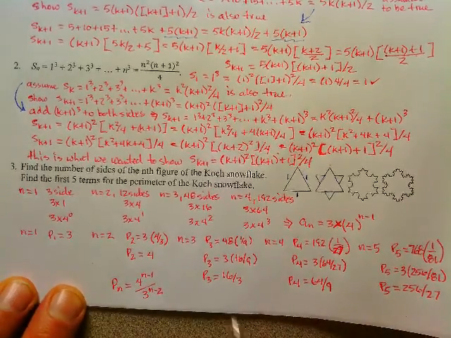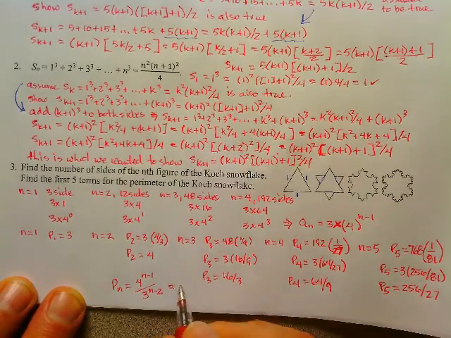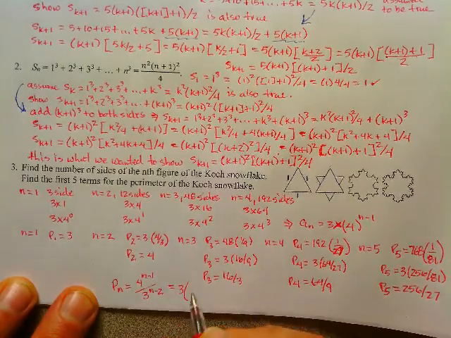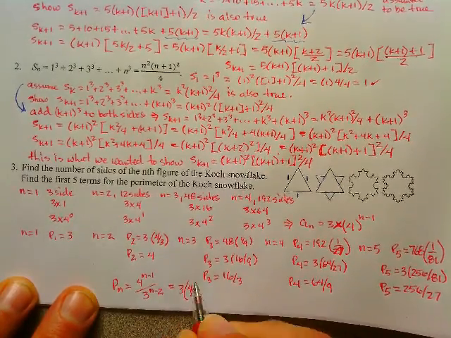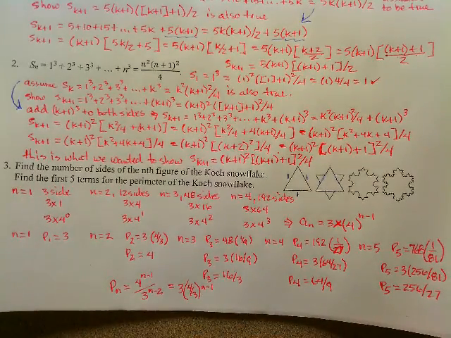Another way of looking at it, maybe a little bit more succinct, if we pull that 3 back out, because we had all those 3's, it would be 3 and then 4/3 to the n minus 1. So that could also be a way of writing it.